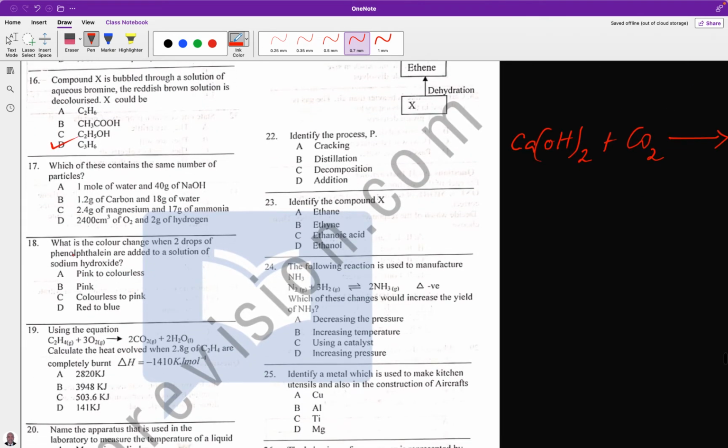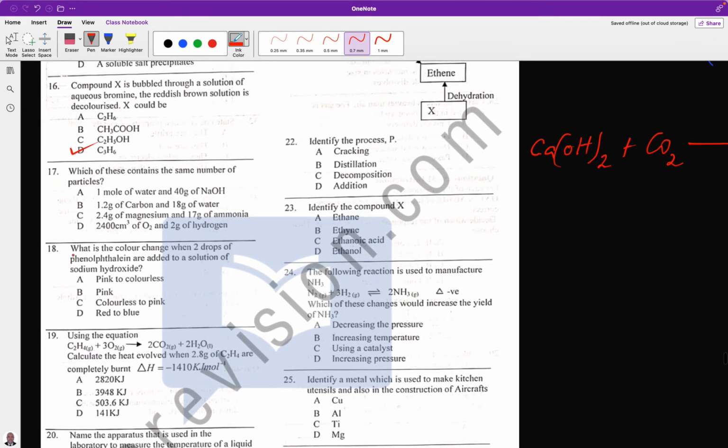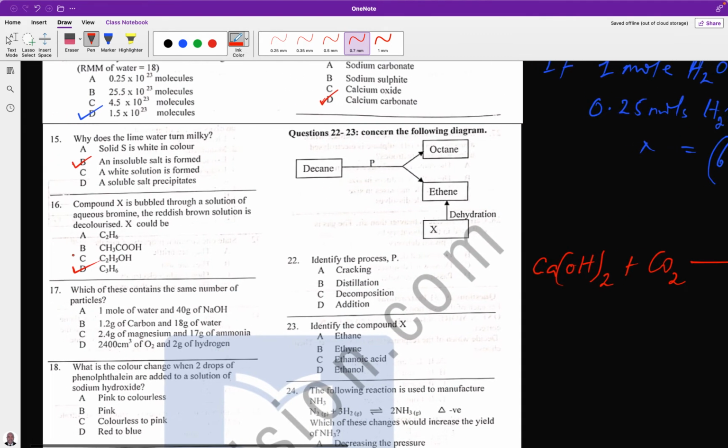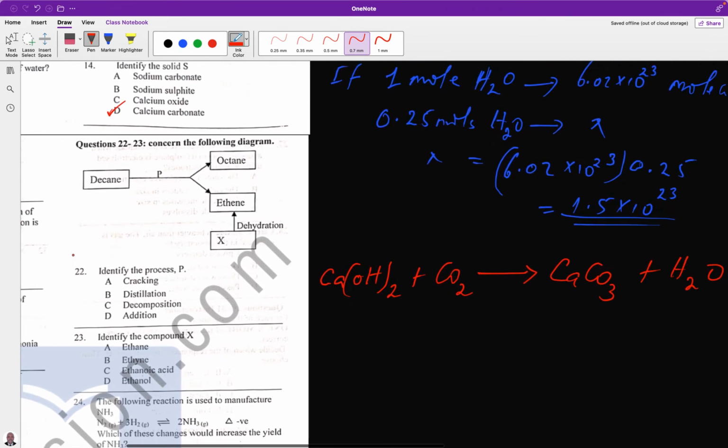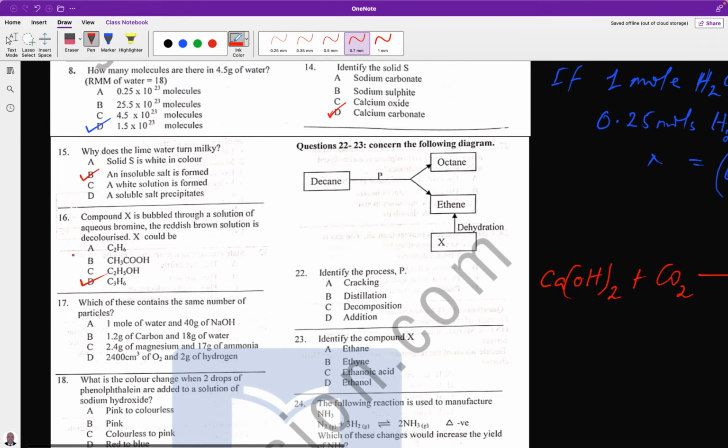Question number 17. Which of these contains the same number of particles? Now, the number of particles has to do with what we did the other time.